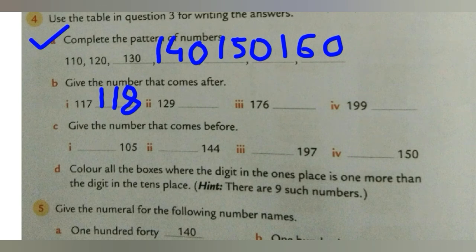Okay, let's check the next number. 129. Sometimes there is a change in only ones place, and sometimes both the places change. Ones and tens both. Like this one. 129. 100 will remain the same. 1. And check out the next two number. 29.